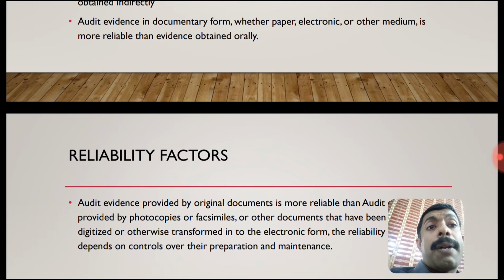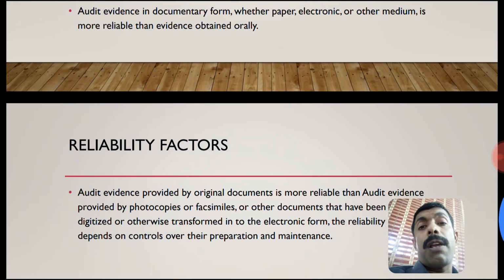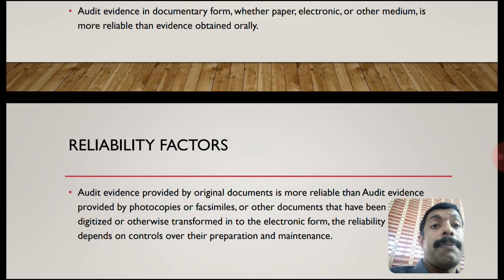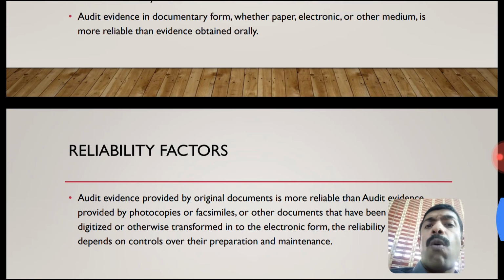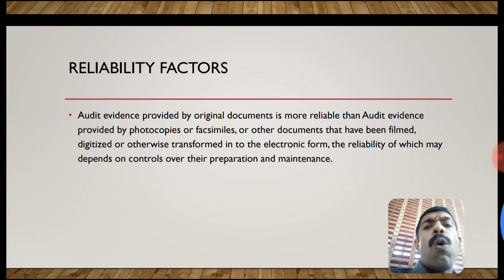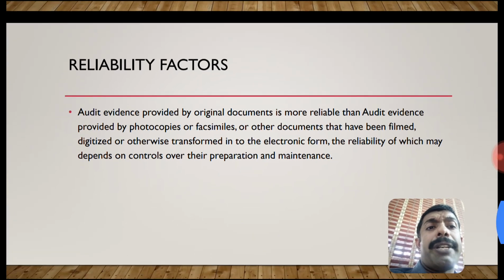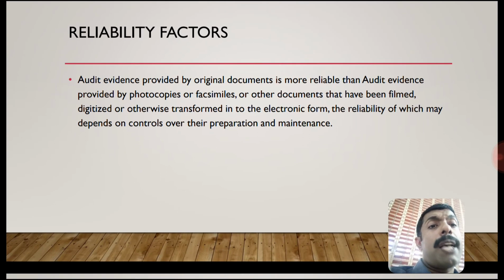Evidence obtained in documentary form, whether paper or electronic, is more reliable than evidence obtained orally. That means written evidence is more powerful than oral evidence. Audit evidence from original documents is more reliable than that from facsimiles or photocopies.